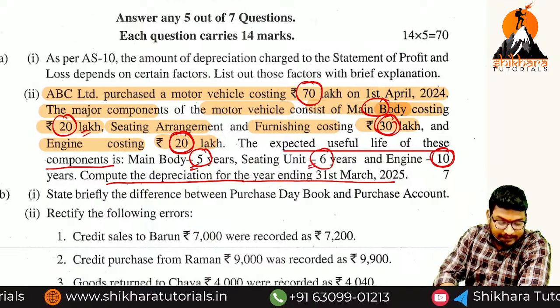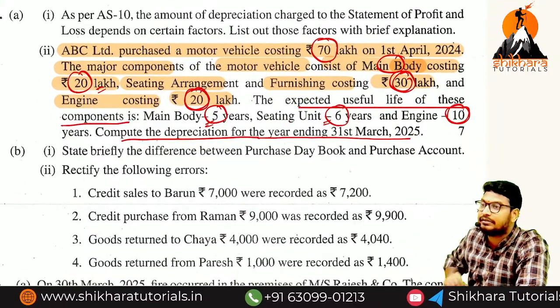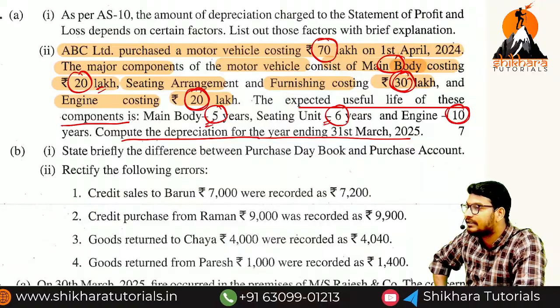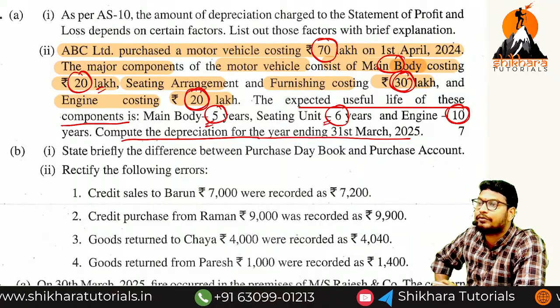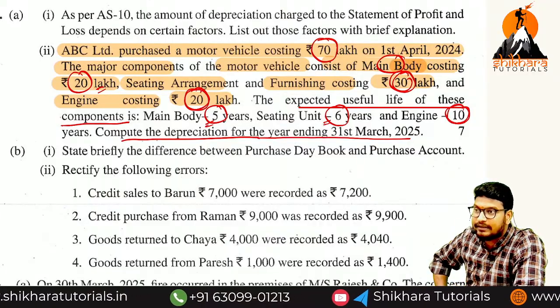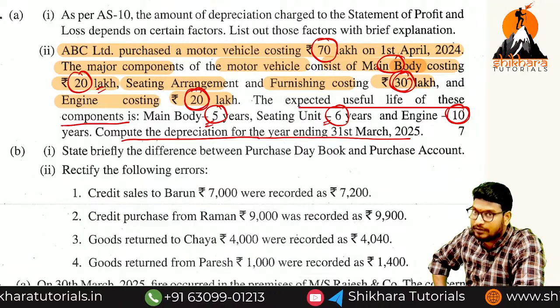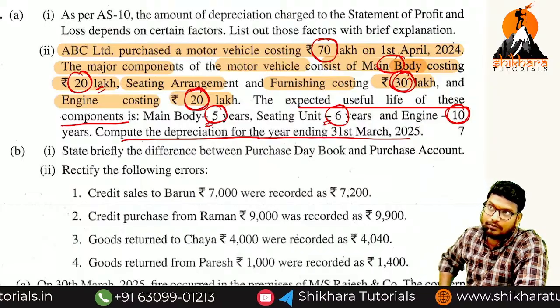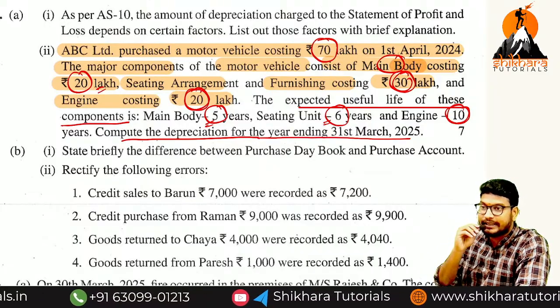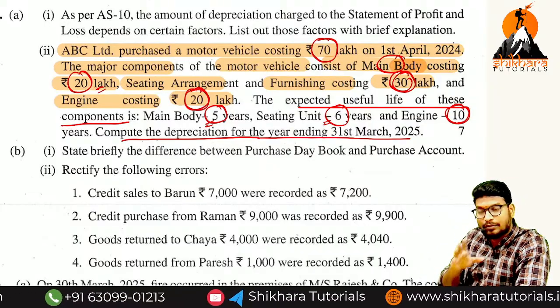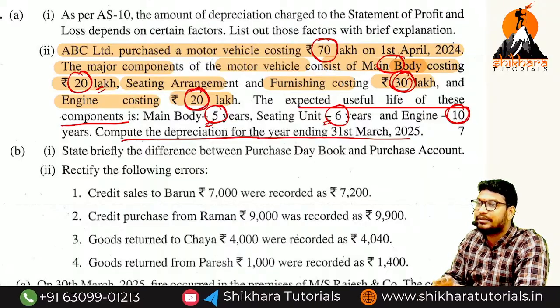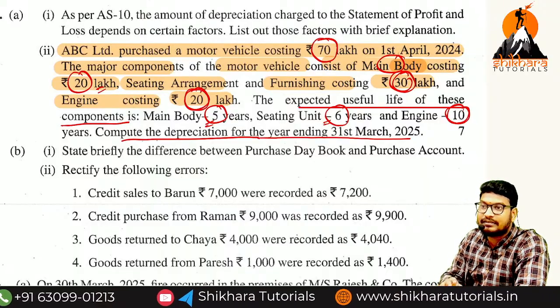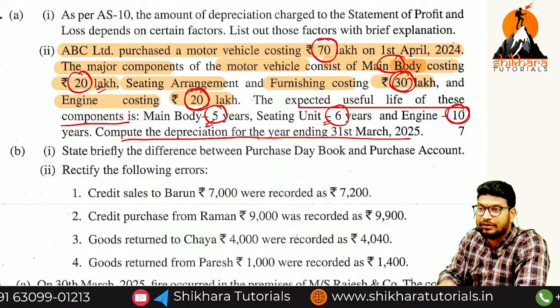How easy is the second question? The second question is easy. We can easily get 14 out of 14 marks. That is the reason I am saying don't leave the small chapters. Outside, they will not discuss the depreciation concept. They are not going to discuss rectification of errors, or capital and revenue transactions.